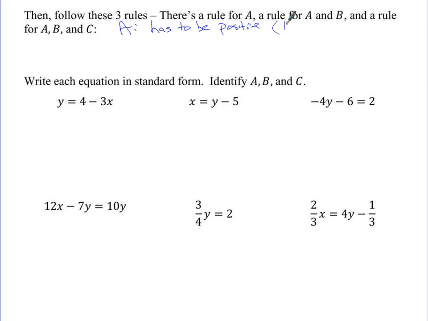In other words, A has to be greater than or equal to 0. The rule for B, so for A and B, this one's kind of a weird one.